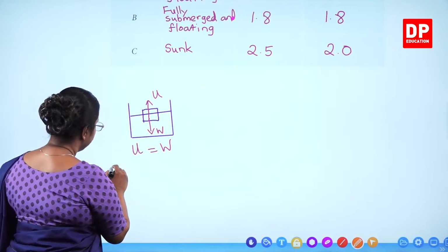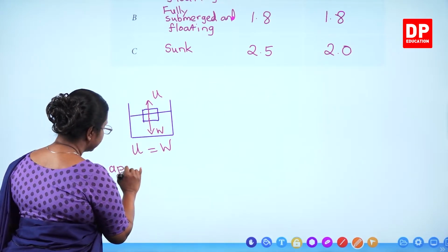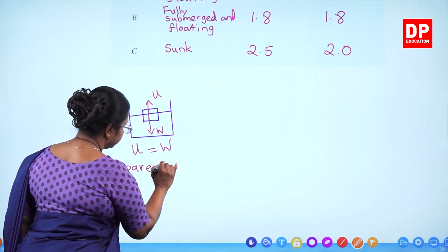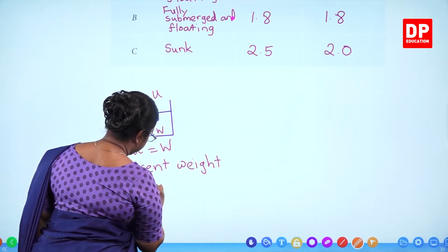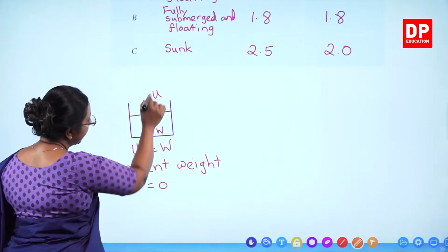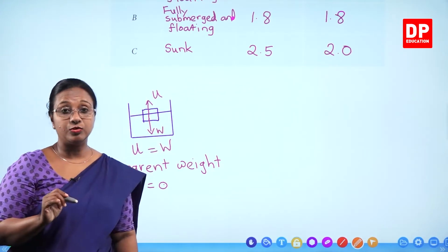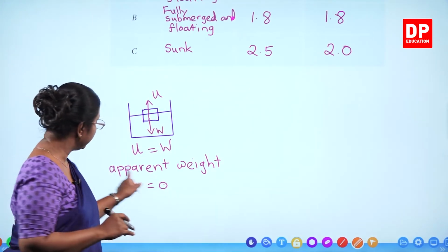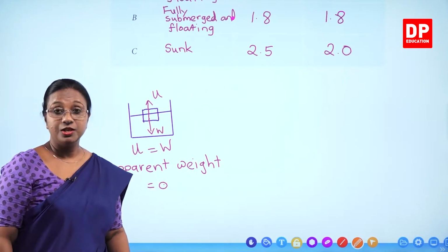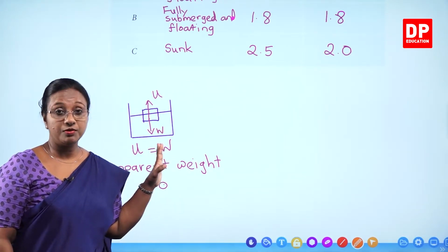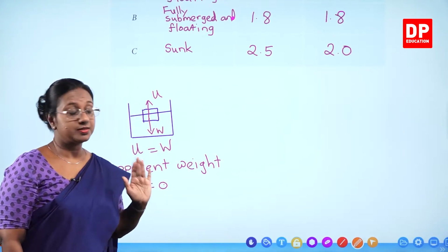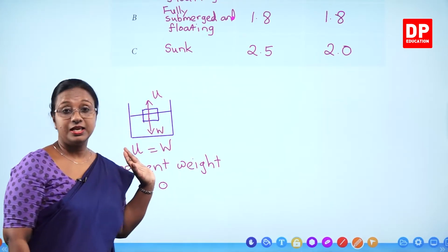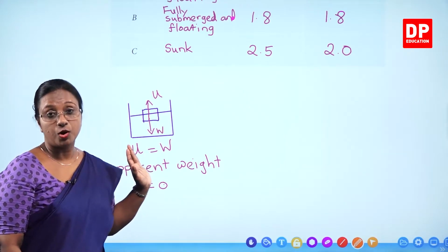That is why apparent weight is 0. Why? Upthrust and weight are equal. The difference between those two only gives you the apparent weight. So this is like the equilibrium of forces. Downward force is weight, upward force is upthrust. It is partially immersed and floating on water.